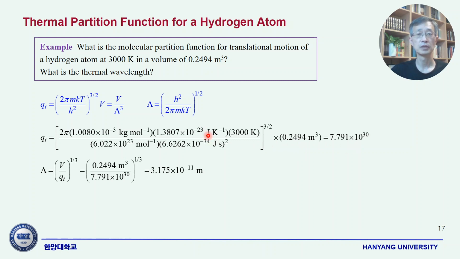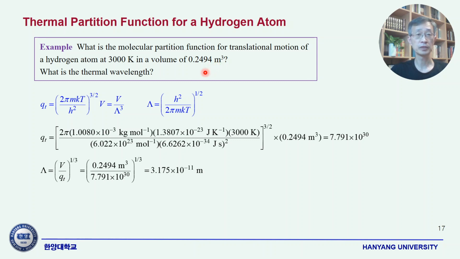Joule is here. Okay, so those cancel. So qT, the partition function, doesn't have a unit. Okay, so get these all into your calculator. It will yield 7.791 times 10 to the 30s. This is the molecular partition function for the hydrogen atom at 3000 K in this volume.